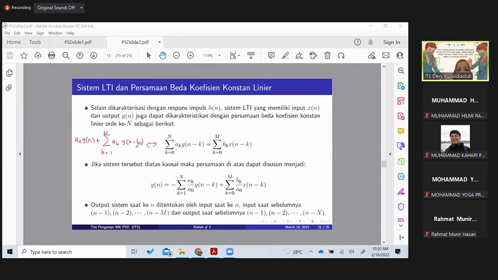This is the left part of the equation. I could write it down like this. It has the same meaning as this one, right?